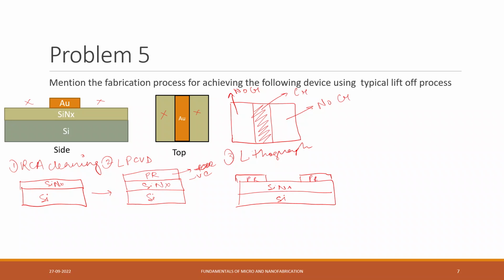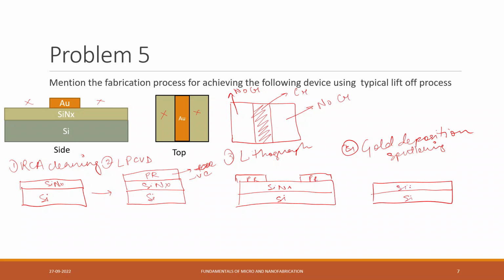Okay, and then we can go for gold deposition. This can be done using sputtering. And then you will find that gold has been sputtered all over, on top of the PR as well.